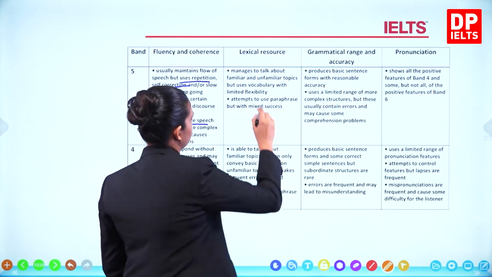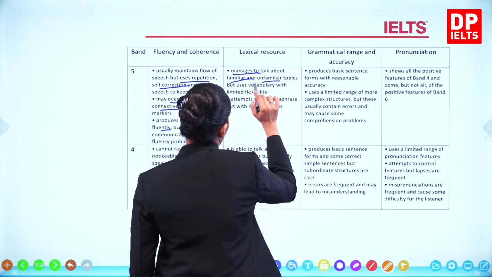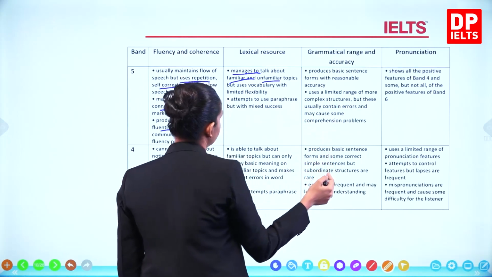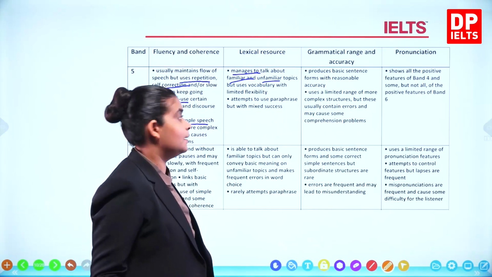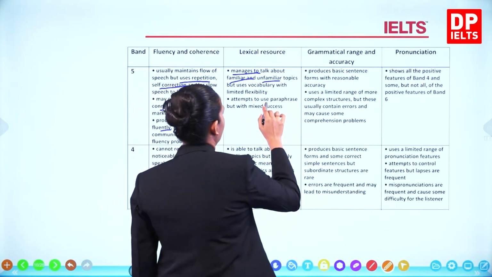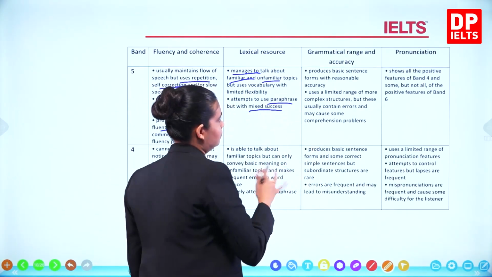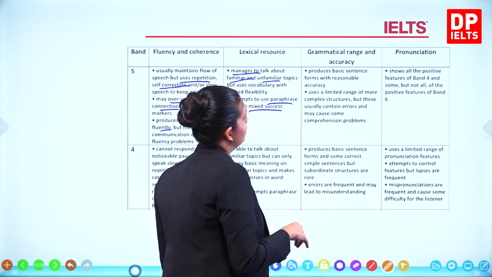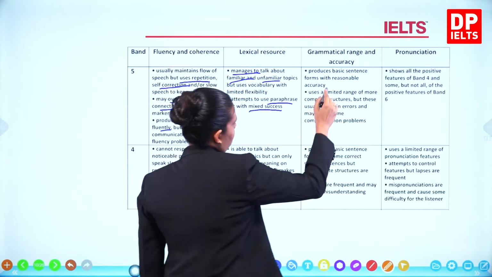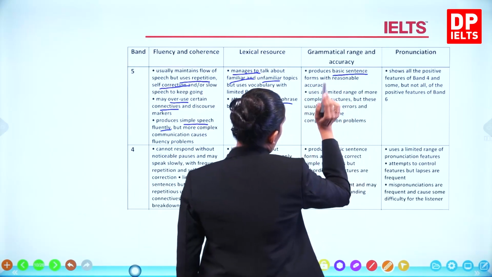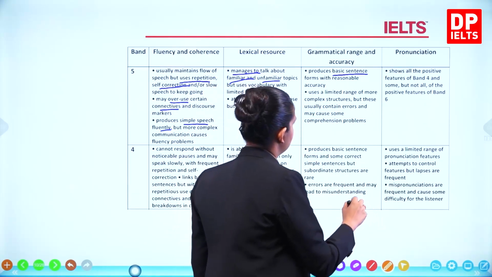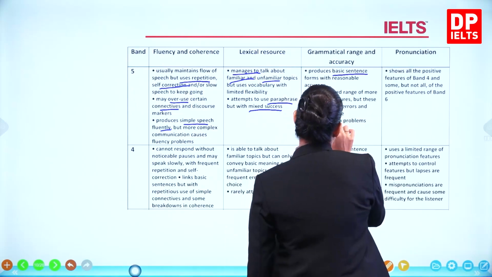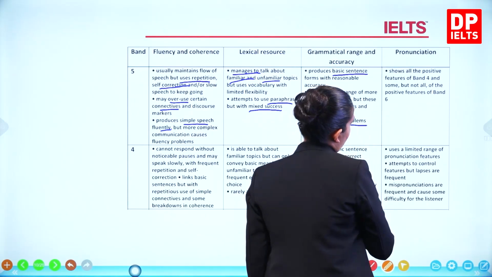You manage to talk about familiar and unfamiliar topics. You might attempt to paraphrase, but not so successfully. Here you produce sentences with the basic sentence structures. You have a limited range of complex sentences and may cause some comprehension problems.